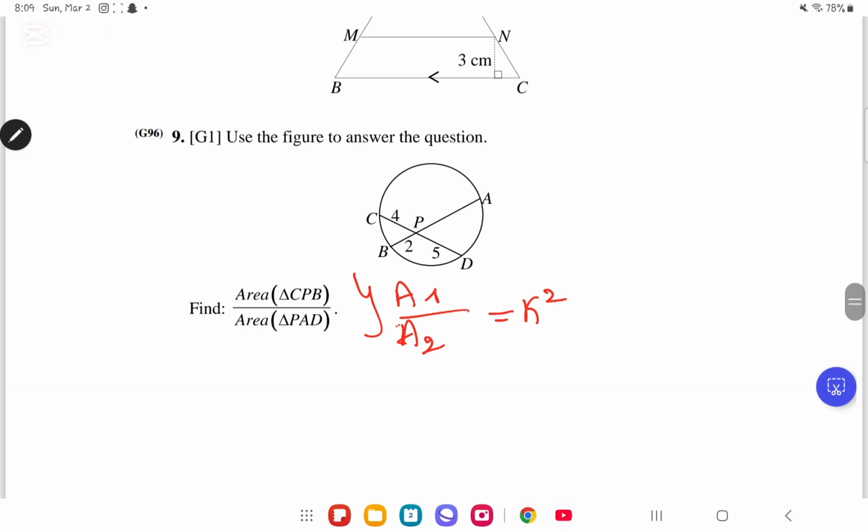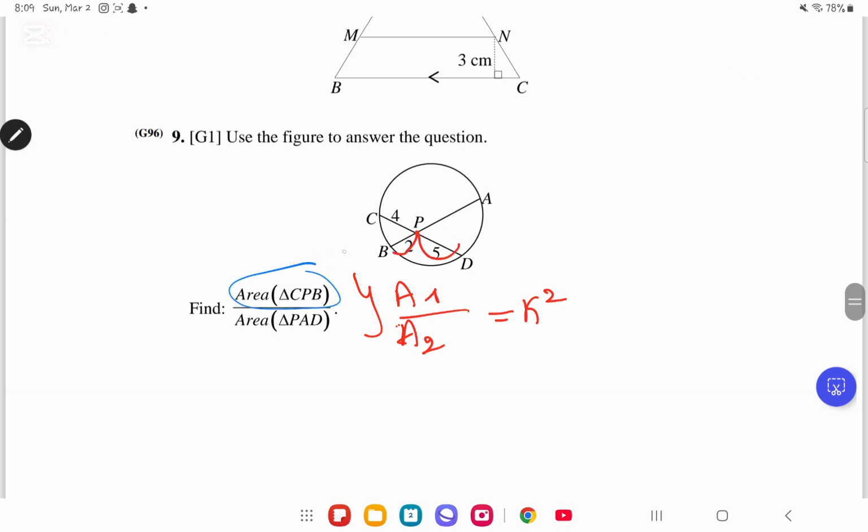So if we are not given the factors to find the area, what we could do instead is take the sides. But because they are not vertical, or not directly proportional triangles, meaning this is not directly proportional to this, instead this is proportional to this, we have to keep that in mind.